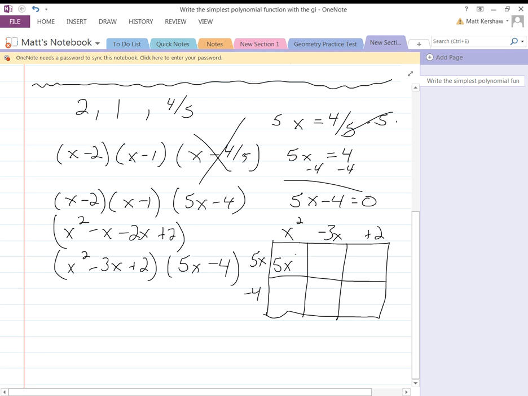So 5x cubed minus 15x squared plus 10x, and then multiply, and negative 4x squared. Negative 4 times negative 3 is positive 12x. Negative 4 times 2 is negative 8.